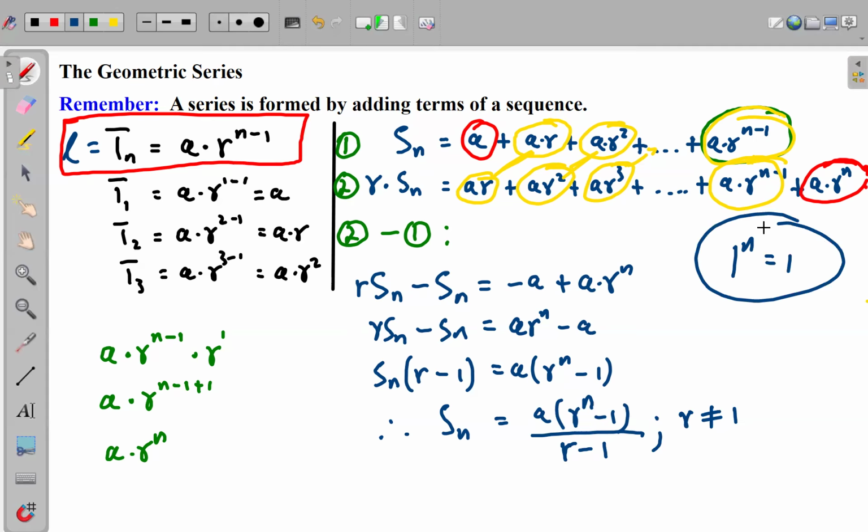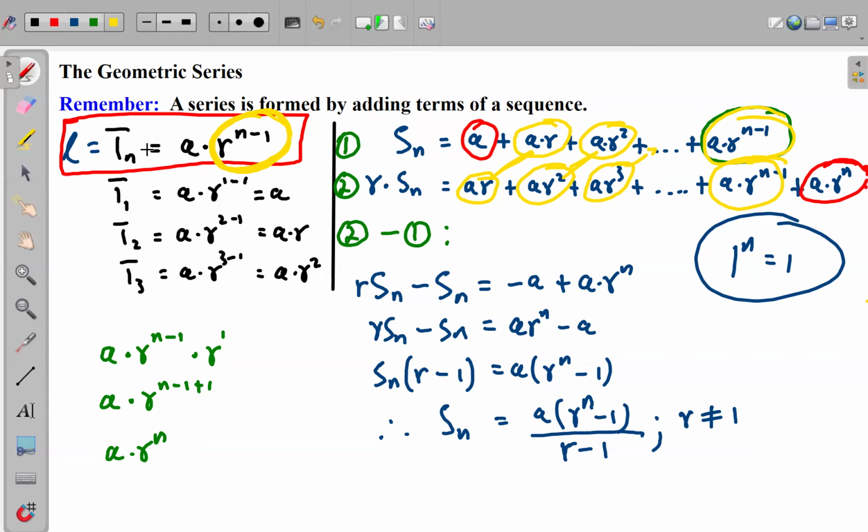Makes no difference. So we don't want R to be 0. And I hope also you notice that in the normal general form, R cannot be 0 either. Because if R is 0, then Tn is just 0. So what's the point? You're not going to have your geometric series or even a sequence there. So these are the little things that I would like you to actually start paying attention to.